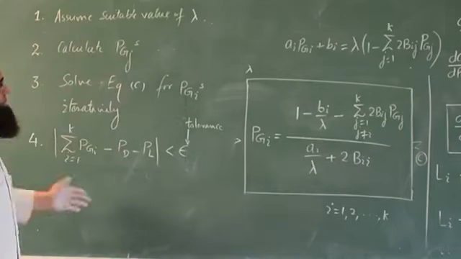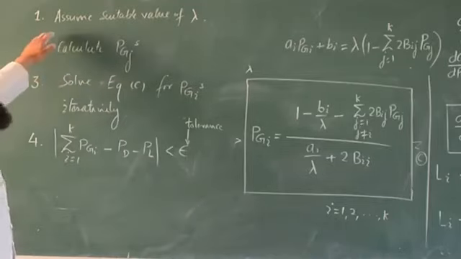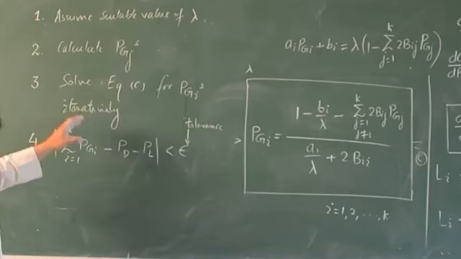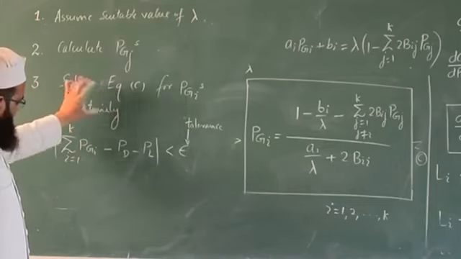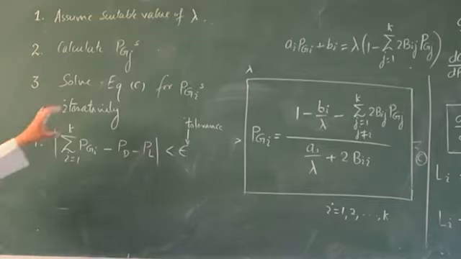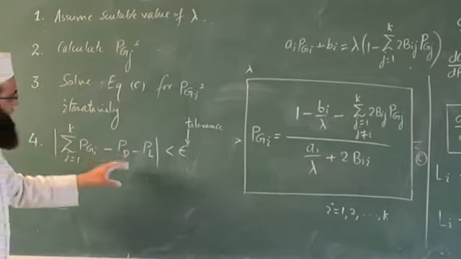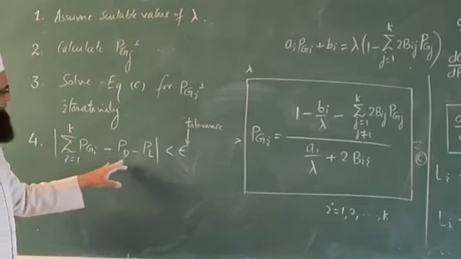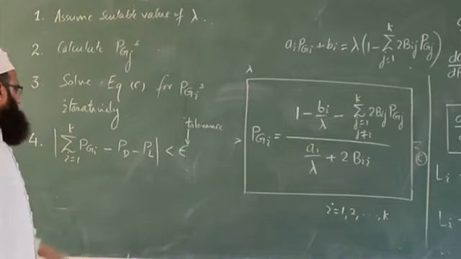Which iteration? This primary iteration, for which our first step is assume a suitable value of lambda, then calculate this, then solve this. Here the second iteration is there. So once the solution corresponding to PGI is converged, we are using those PGIs here and comparing with this sum of demand and loss.